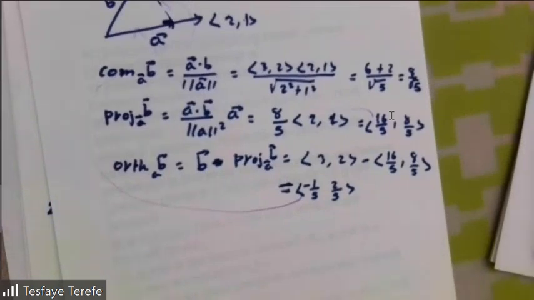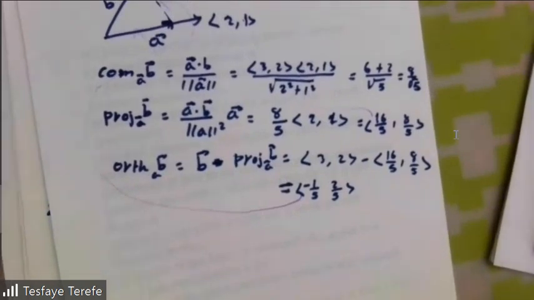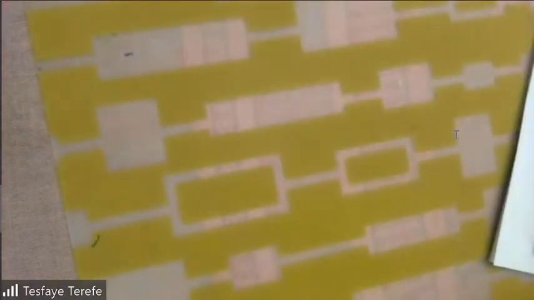All right, now let me give you a little bit challenging problem. It's not really that bad, but we can really do it without going to the next step, that means vector cross product. Now this time, I'm going to give you 3-dimensional vectors. Here it is.